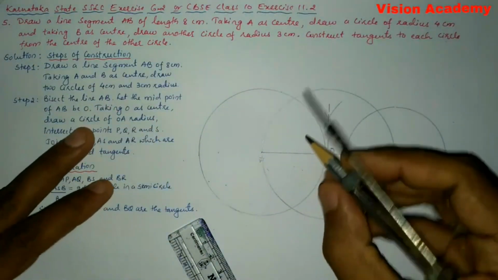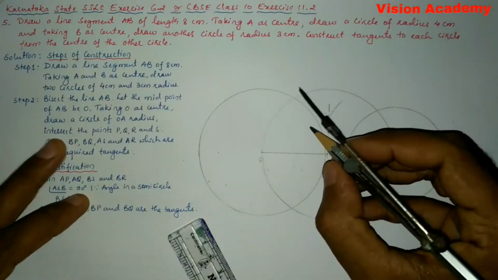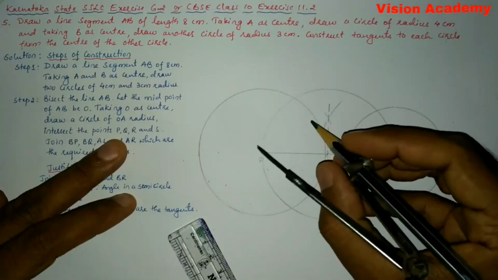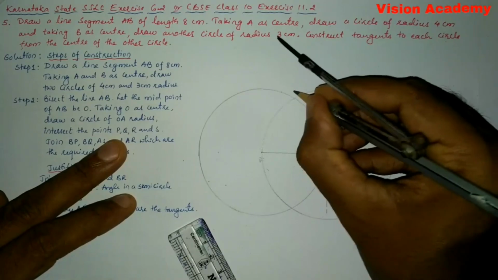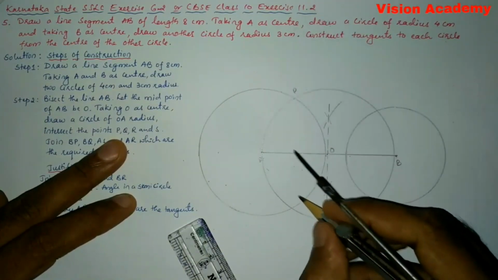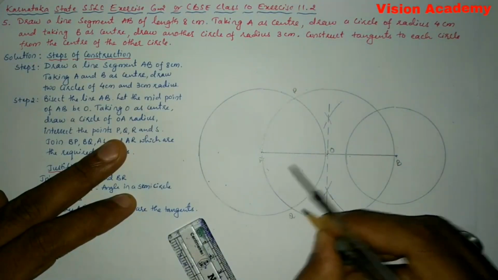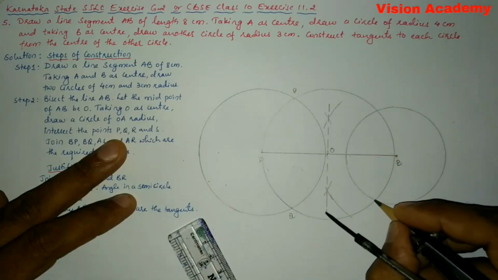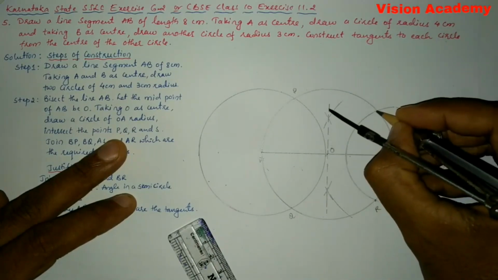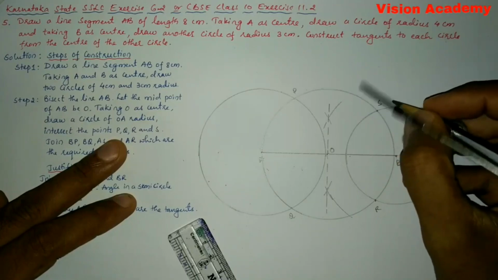Next, let us name the intersected points. Let us name this P, this intersected point Q, this intersected point R, and this intersected point S.